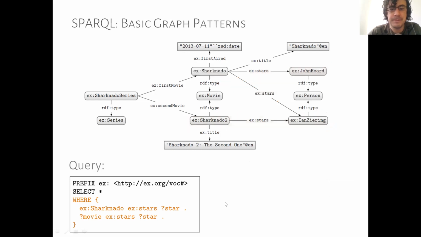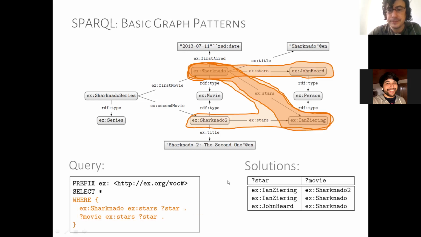Teacher? Yep. On the first one, when you define star, it returns the actors. But on the next one, you use the question mark at star again at the end. So because we defined it before, that's why we now get the movie one. Yep, the star here we can use multiple times, but it always has to be replaced by the same term in a solution.